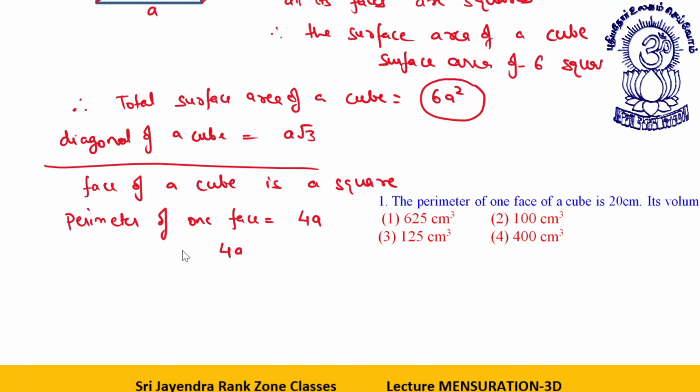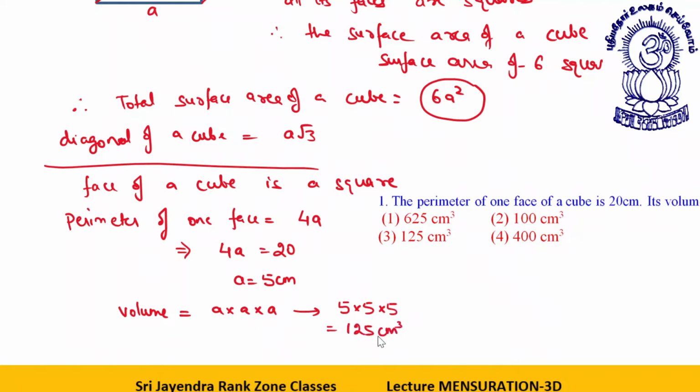This implies 4a is equal to 20, a is equal to 5 centimeter. Its volume will be a into a into a, or I can say 5 into 5 into 5, that is equal to 125 centimeter cube. This is your answer. I hope it is clear to everyone.